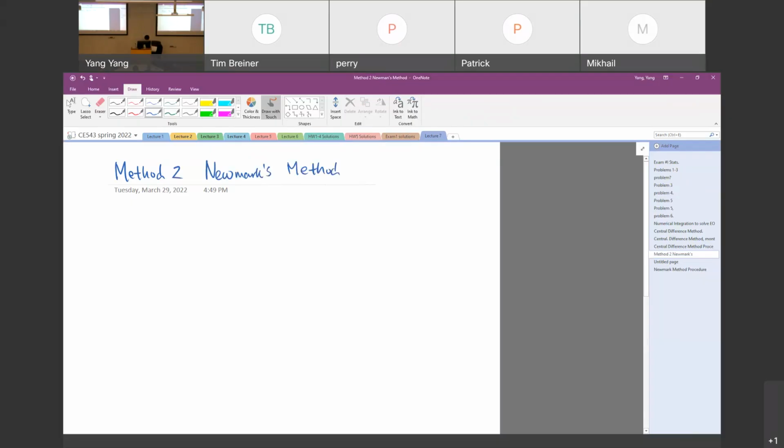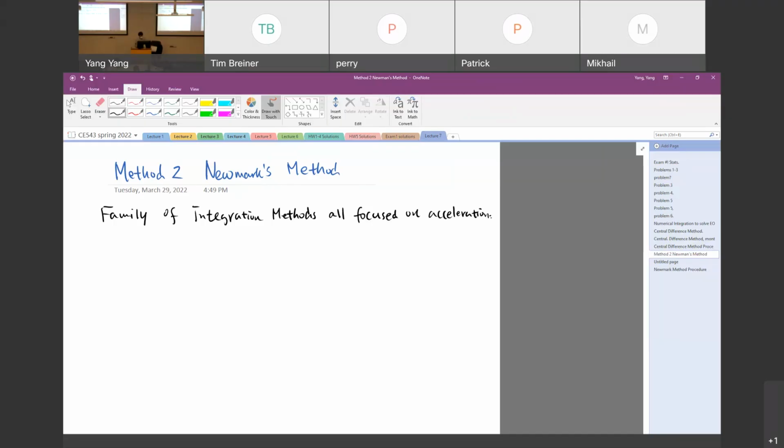So what is the Newmark method? It is a family of integration methods focused on acceleration.